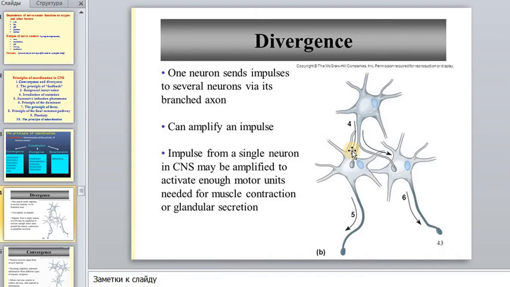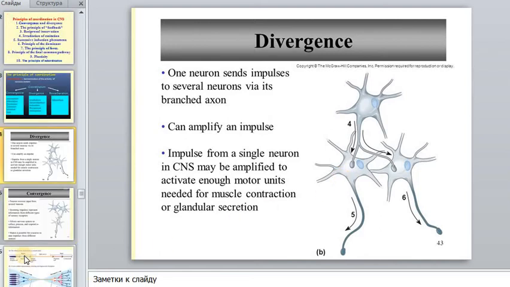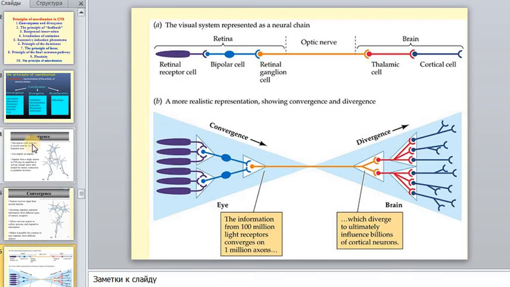This impulse from a single neuron in the nerve system may be amplified to activate enough motor units needed for muscle contraction, for example, or glandular secretion. So in this case we have one neuron to a very large count of neurons.